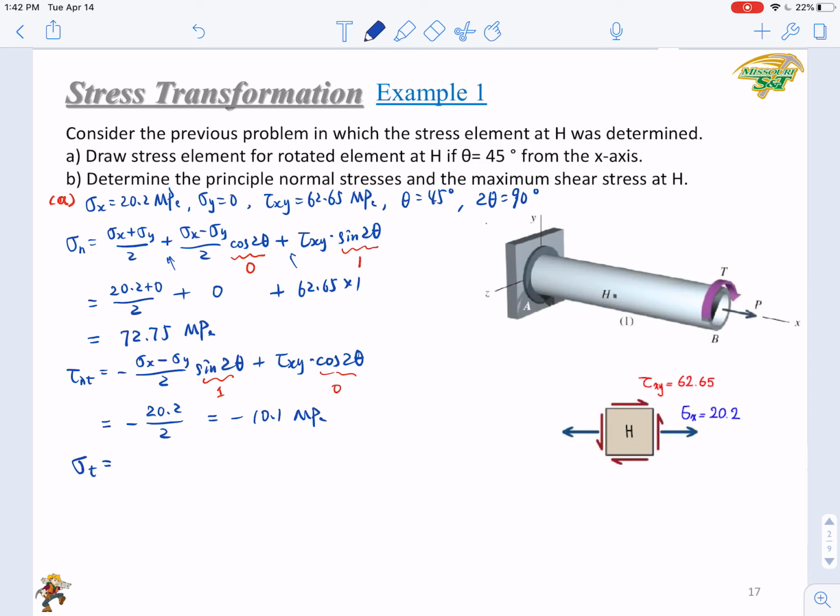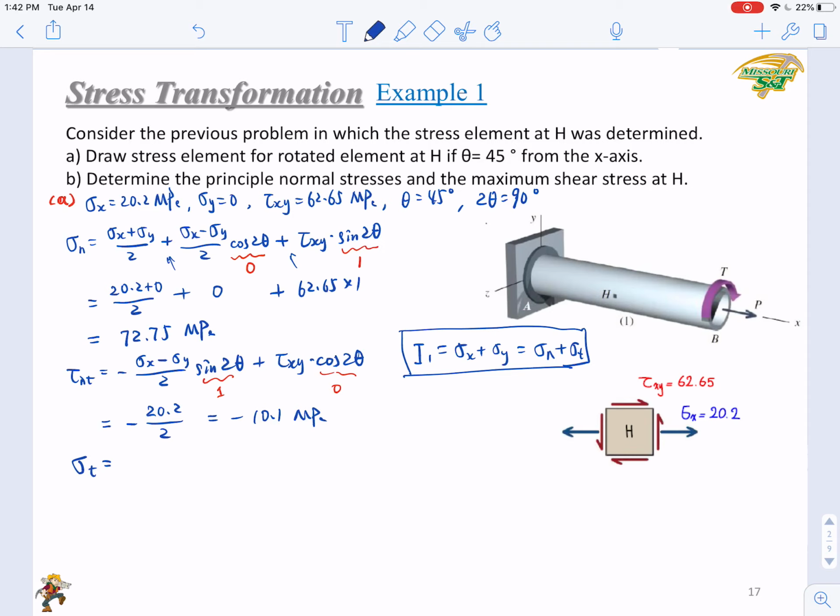To be simple, we can use the first invariant, I1. If you recall, I1 equals sigma x plus sigma y equals sigma n plus sigma t. This is a feature that we can use to simplify the calculation.